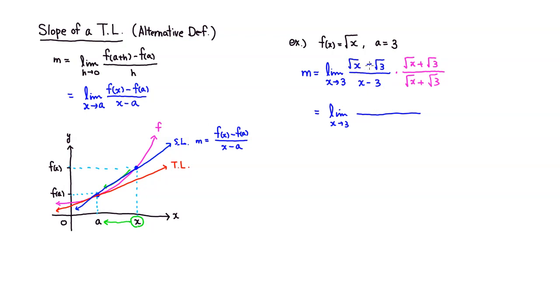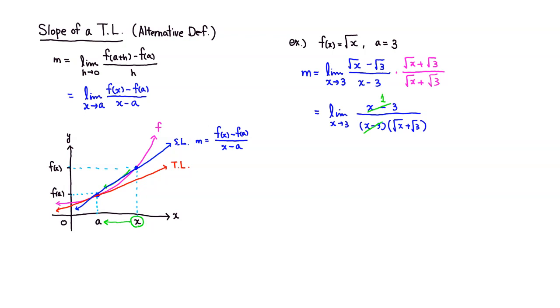So a is the square root of x, so a squared is x, minus the square root of 3 squared, which is just 3. In the denominator, luckily we have the quantity x minus 3 sitting here, and then you multiply by square root of x plus square root of 3. But you can see that now we have a common factor on top and bottom, so we have 1 left over.